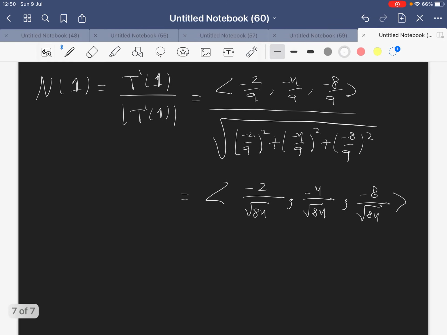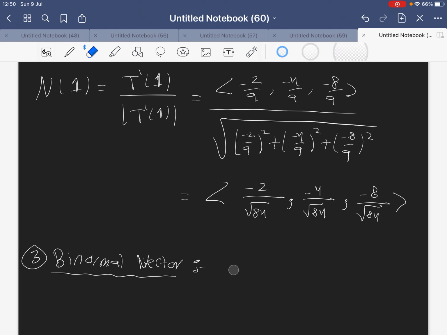Final step, number 3, we need to find the binormal vector. And what is the binormal vector? It will be B of t equal T of 1 cross N of 1.